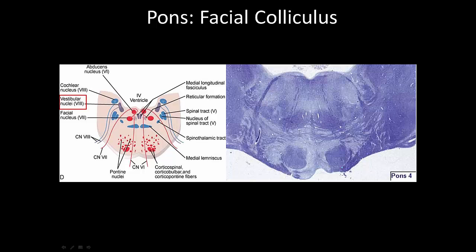So we can see our vestibular area made up of our vestibular nuclei that's going to be lying just lateral to where the facial colliculi are going to be. And then once again, we can see our medial longitudinal fasciculi, which are medial in location, just anterior to that fourth ventricle.